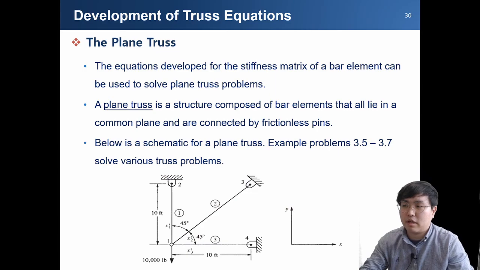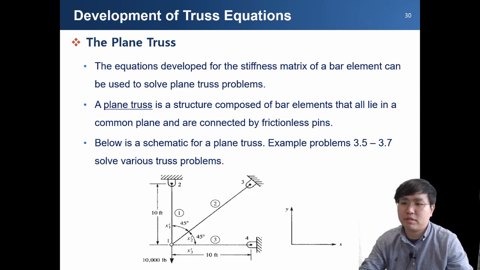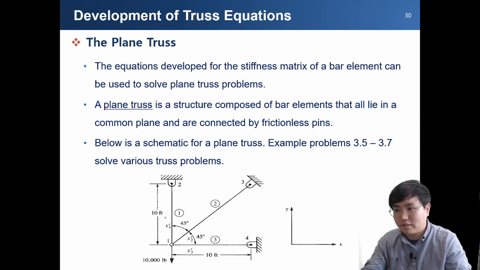I think this is a simple matrix transformation problem. After understanding the coordinate transformation, you can solve this kind of truss system. This is a plane truss system, so you can put several elements in two-dimensional space.